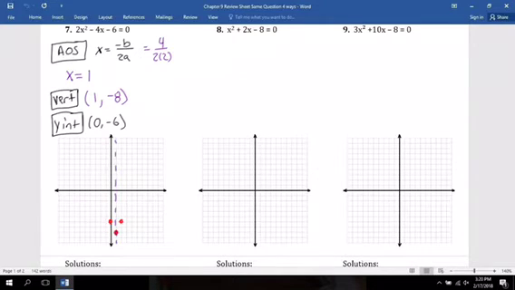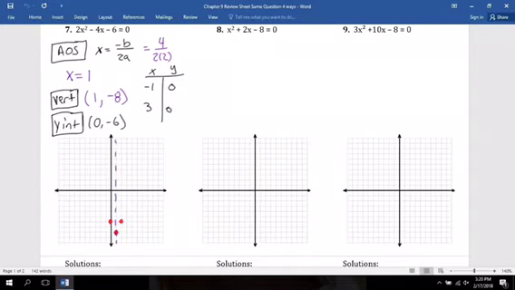So I would use my graphing calculator or an x and y table or Desmos to find additional points. When you're looking at a table, the key points to look at, because we're trying to find solutions, are anytime you have a y value of 0. As I was looking at my table, I knew that at x equals negative 1, my y value was 0, and at x equals 3, my y value was 0.